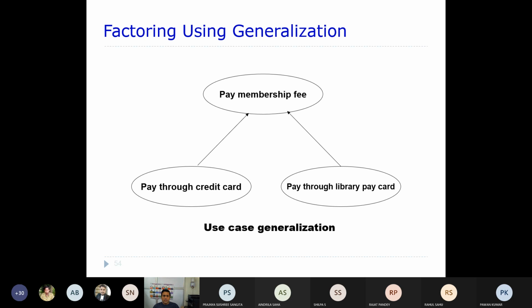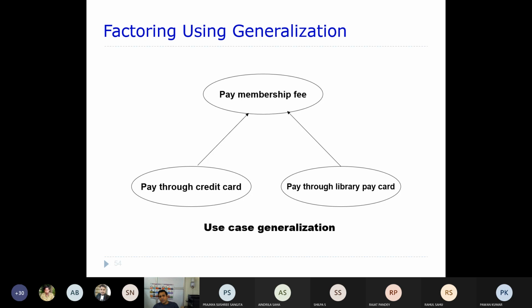The first one you can see here is what we call generalization. Think of this example: you have a use case, pay membership fee. Whatever way you pay the membership fee, it can be paid through a credit card or through a library pay card.